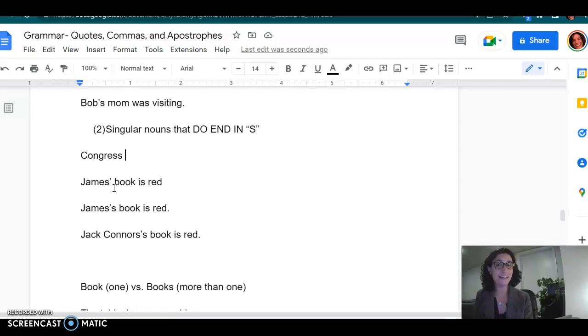Now here there is a debate among writers. Some would say we just add the apostrophe and we say James' book is red, like this, and we don't add the S after the apostrophe.